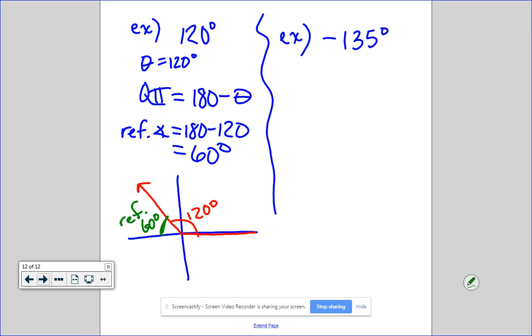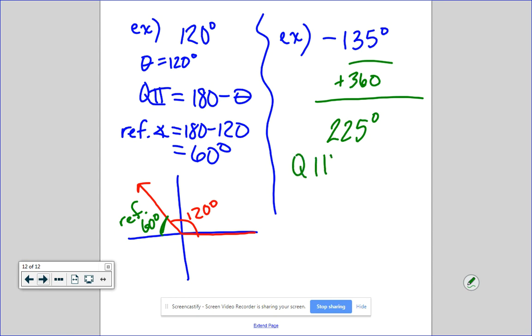You had 260 for the next one to start off. Say what? You had 360. Yes, you do. So the next one, I got to see, is that between 0 and 360? The answer is no. So I add 360, which gives me 225. Well, what quadrant is 225 in? It's the third, right?